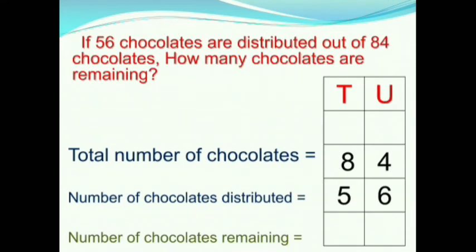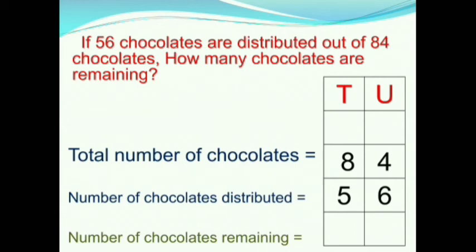Children, now we will solve another word problem. First we will read the question. If 56 chocolates are distributed out of 84 chocolates, how many chocolates are remaining? Here, first we should write total number of chocolates. Totally how many chocolates are there?